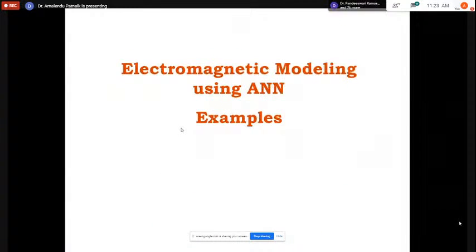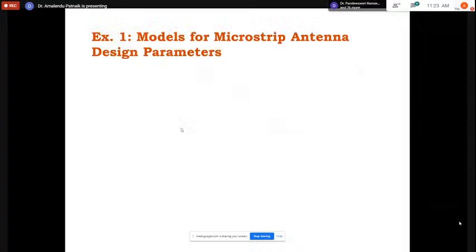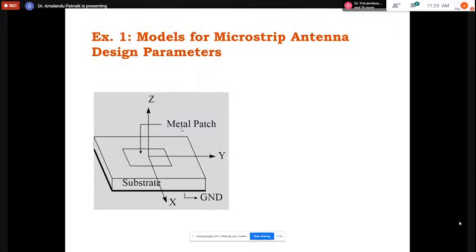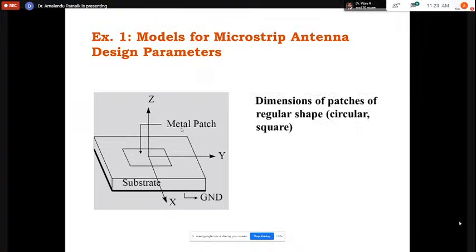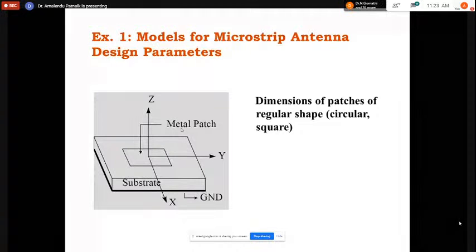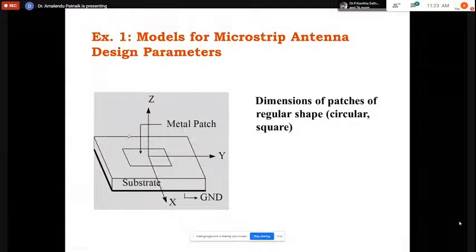To give you an example of this ANN application, although we did this long back, to get an idea of how to use ANN for the design of microstrip antennas. See, it's a simple rectangular microstrip antenna.